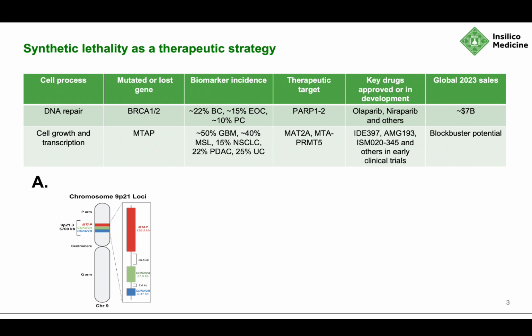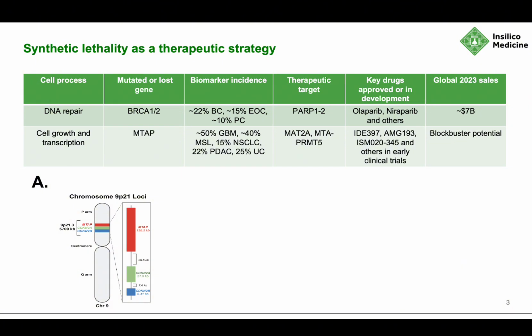In addition to that, this chromosomal region encodes for interferon genes associated with inflammation. So the patients with tumors that have this deletion, the tumors tend to be very aggressive and growing really rapidly and are resistant to standard of care, including immune checkpoint therapies, resulting in very poor outcomes.